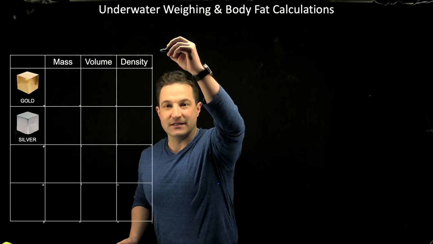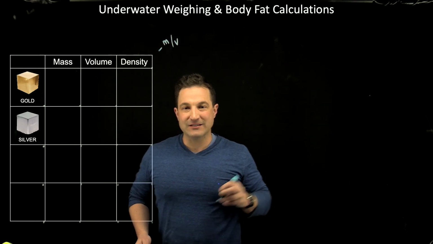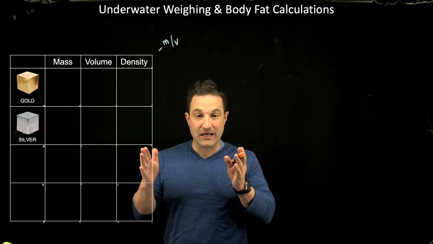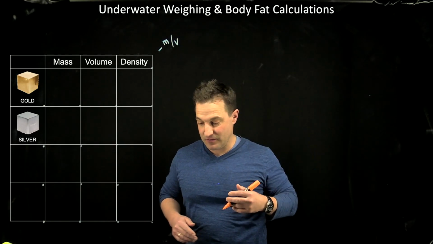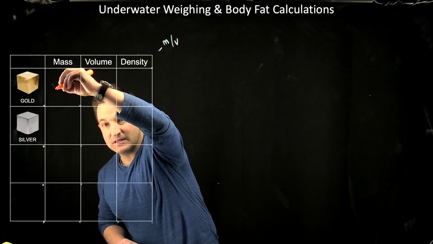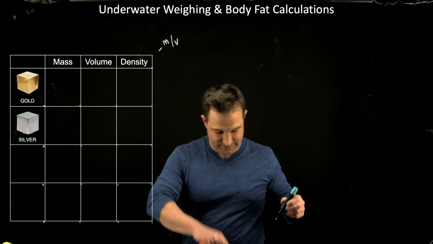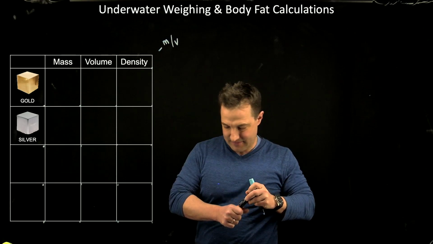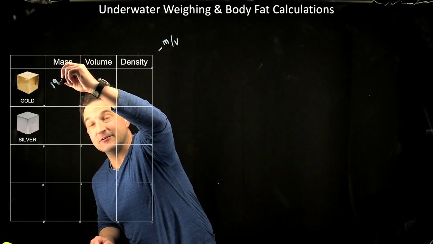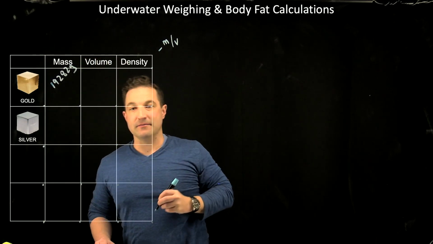Overall, we know that our density is going to be our mass divided by our volume. So that's pretty easy if we're looking at just a block of gold that happens to be 10 centimeters by 10 centimeters by 10 centimeters. We could put that block of gold onto a scale and find out that it's about 19,282 grams.